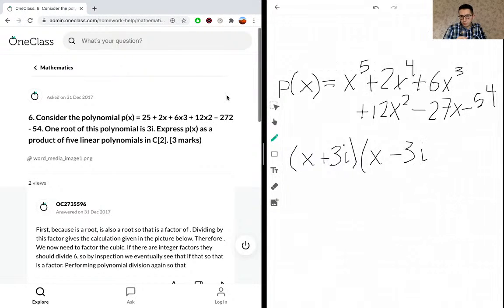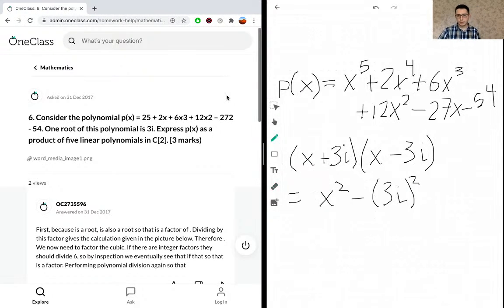We can also simplify this even further to the difference of squares. So we can recognize that this is the difference of squares, and essentially get that to x squared minus 3i squared. So we don't need this bracket.